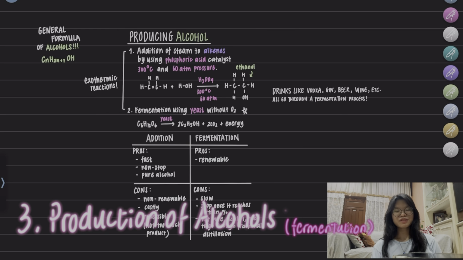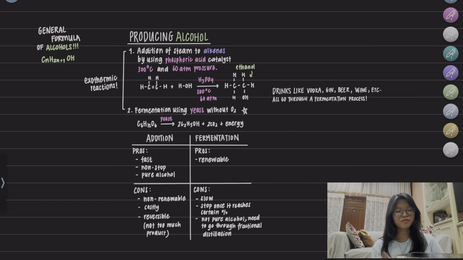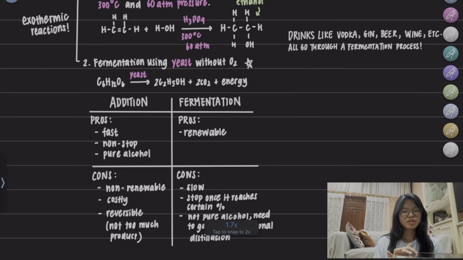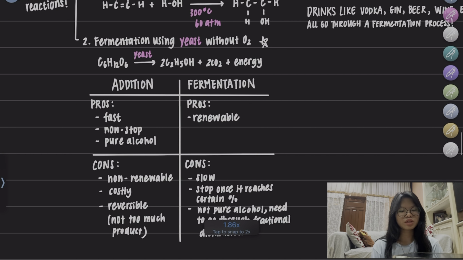Okay, since Aileen has told you how to produce alcohols the first way, which is to do the addition reaction to alkenes using steam, the second way is through fermentation, and this will be the one used mainly in the alcoholic beverage industry, just like our project. So the fermentation using yeast without oxygen is basically just like anaerobic respiration in biology.